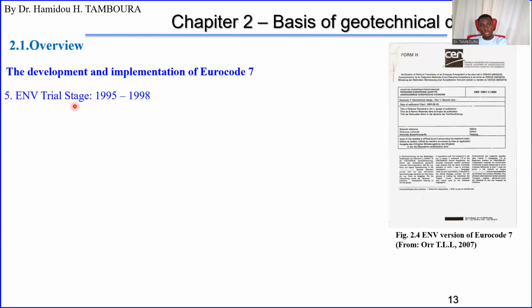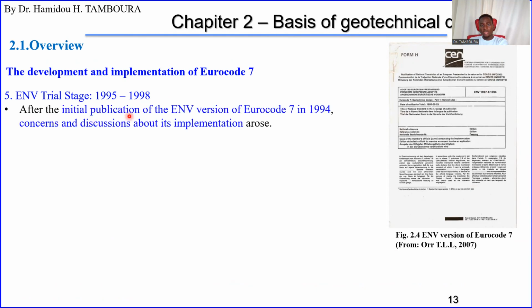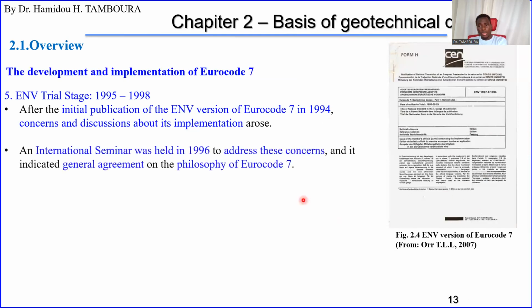Still, the trial version stayed from 1995 to 1998. So after the initial publication of this trial version of Eurocode 7 in 1994, you can read it here, I think, ENV 1997-1 in 1994.